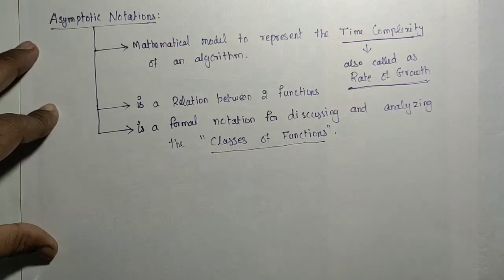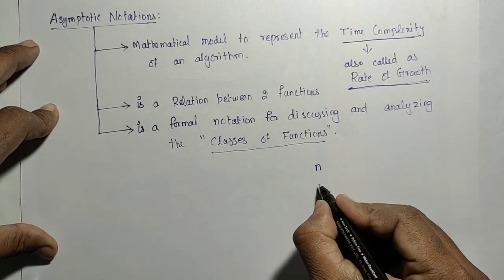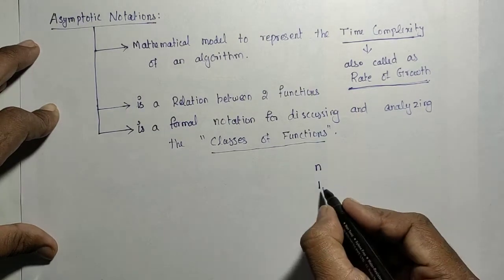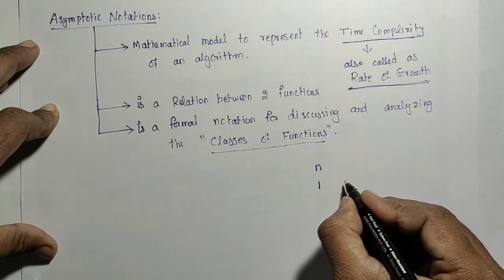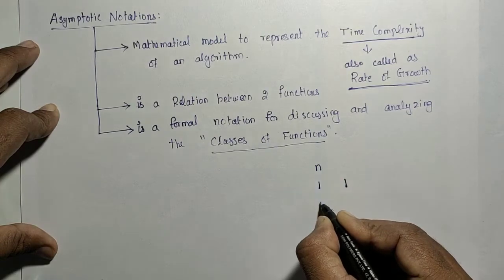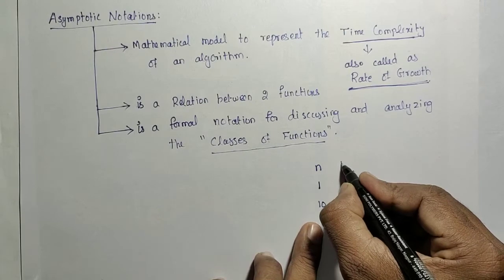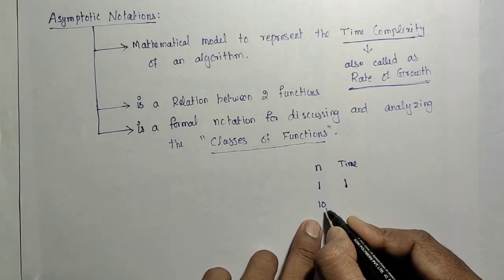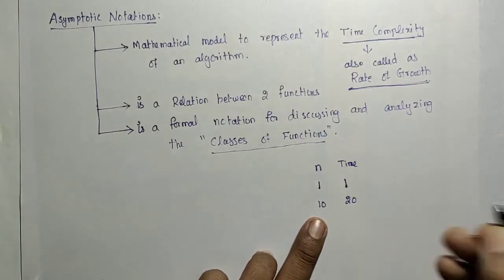For example, assume one algorithm. If n equals 1, the corresponding execution time is needed as 1. If you increase the input size suddenly to 10, the execution time suddenly increases to 20, like that.